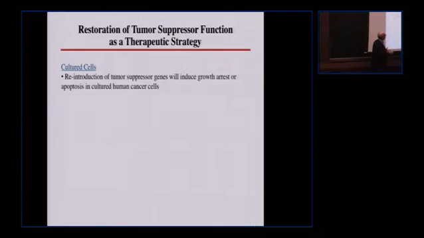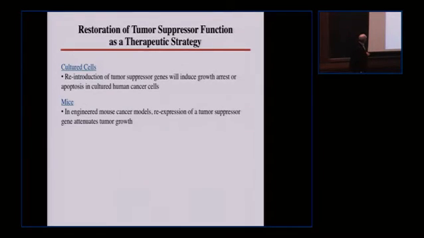For example, there have been hundreds, if not more, papers published that have shown that if you reintroduce a tumor suppressor gene into a cell in culture, you'll induce growth arrest or apoptosis. And there have been probably a few dozen papers that have taken that to the next level and shown that if you reintroduce a tumor suppressor gene in tumors in engineered mouse models, you'll attenuate tumor growth.